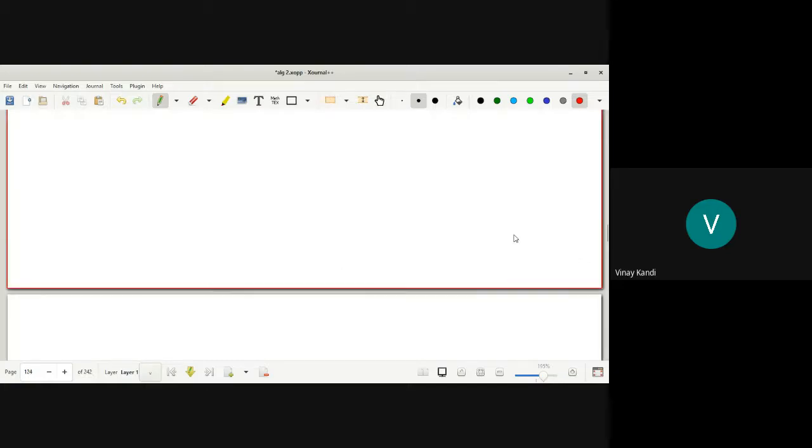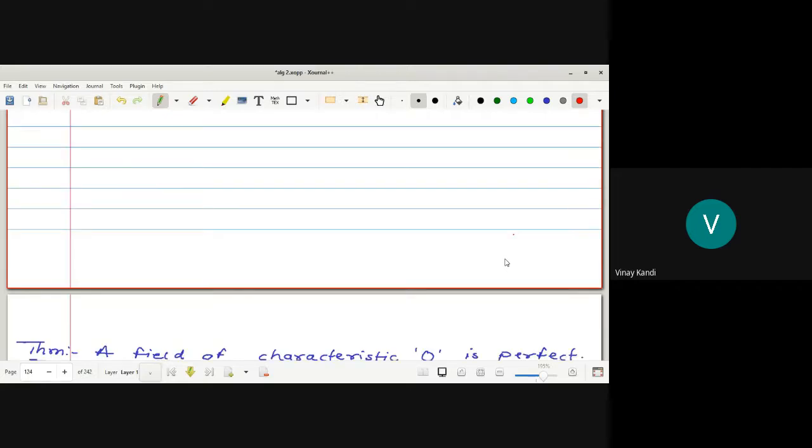As sigma 1 is an automorphism, sigma 1 of alpha 1 is alpha 1. Why? Because sigma 1 belongs to G(K/F), and sigma 1 leaves every element of capital F fixed, by the definition of G(K/F). So sigma 1 of alpha 1 is equal to alpha 1, and sigma 1 of alpha 2 is equal to alpha 2.